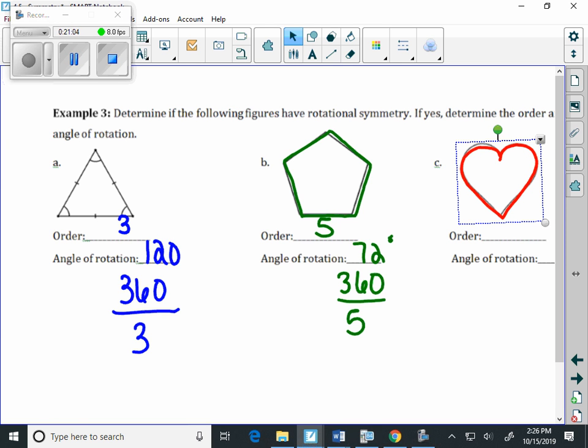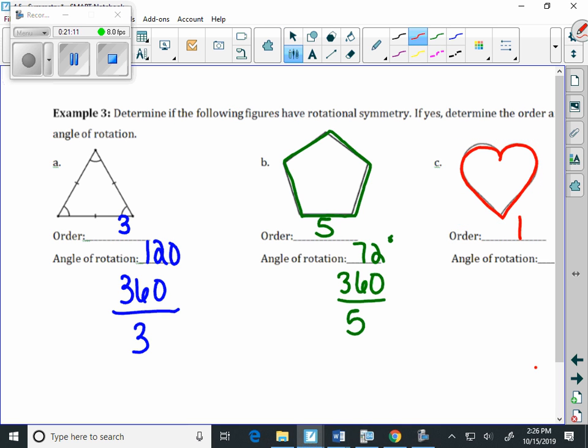So it took us 1 full circle to go around, and there is no angle of rotation, because an angle of rotation needs to be less than 360 degrees.